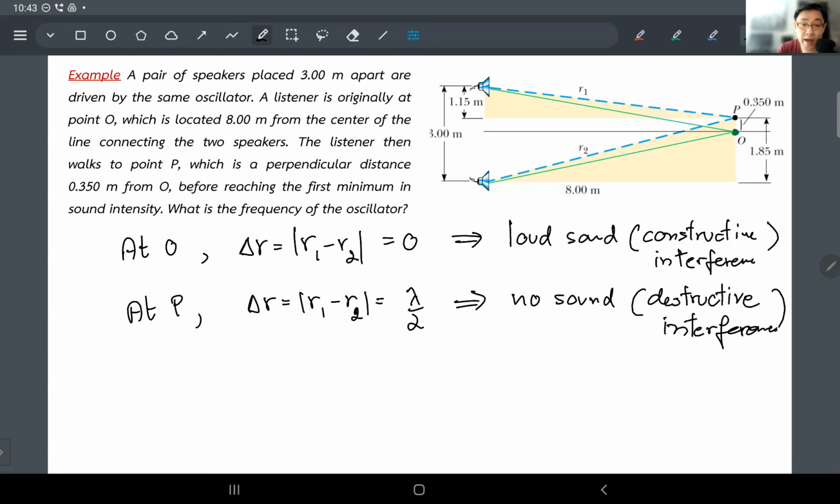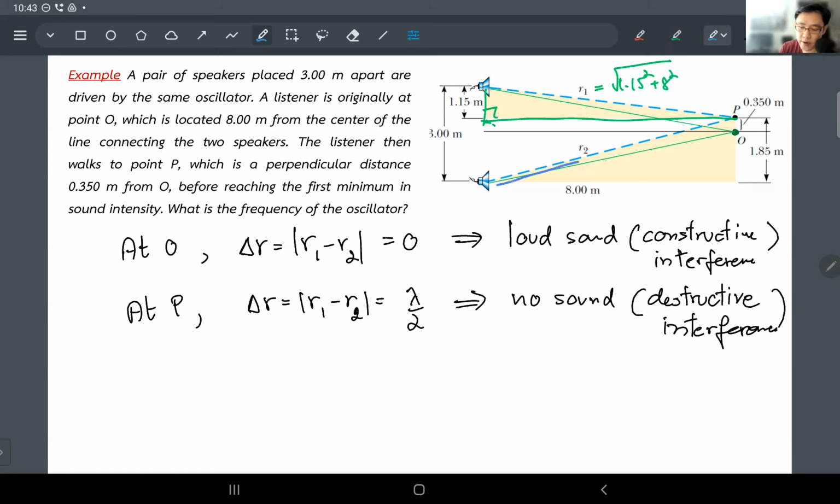That's what you want. So all you have to figure out is what R2 and R1 are, and you can figure that out very easily by looking at that triangle over there. To get R1, when you look at the upper right triangle over there, R1 is going to be the square root of 1.15 squared plus 8 squared. And the same thing happens for R2.